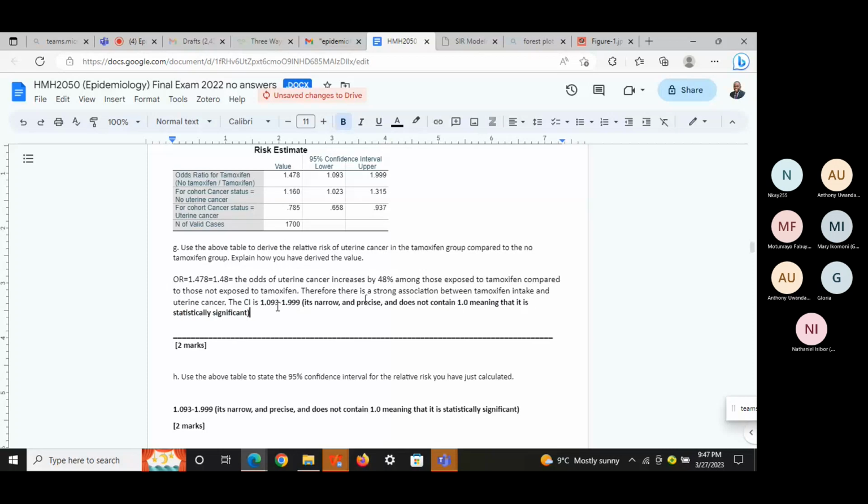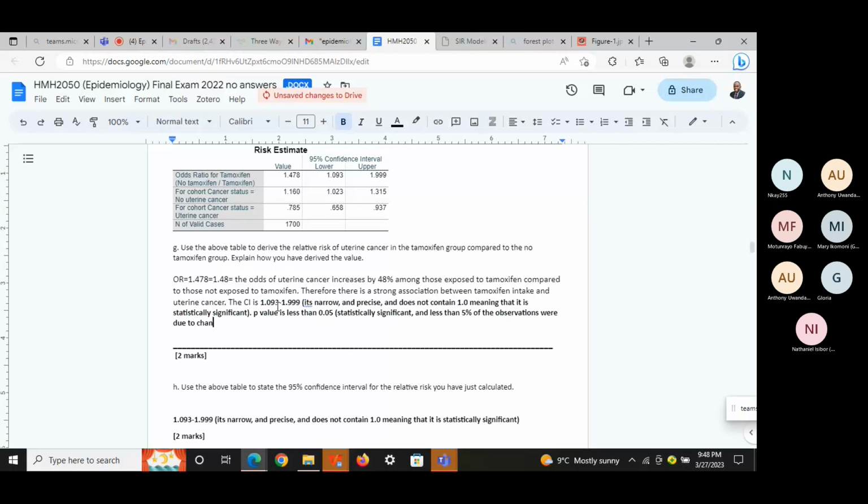That means that it is statistically significant. Then the p-value is also less than 0.05, also telling us that it is statistically significant, and less than 5% of the observations were due to chance.